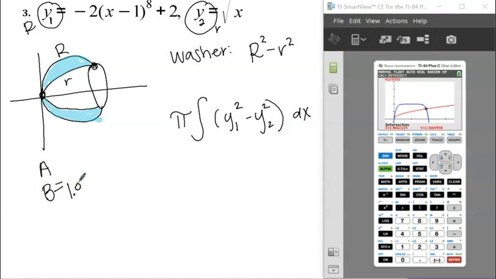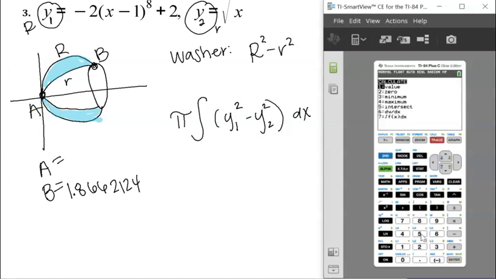Okay, so that'll be our b value. I'm going to just write down the whole number. So that'll be 1.8662124. So that was this one. Then I need to find a. So I'm going to do second calc intersect again, so second calc 5. Now I need to move my cursor over closer to the other one.